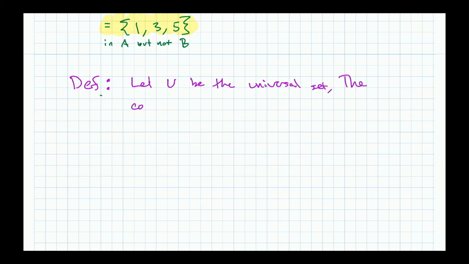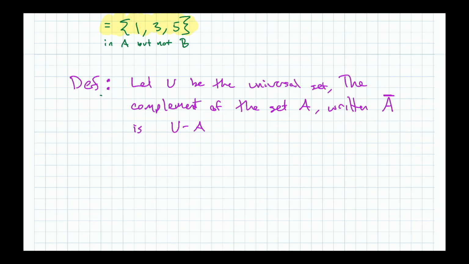The complement of the set A, which you write with A with a bar over it, is basically U minus A. Let me catch up with my writing here.